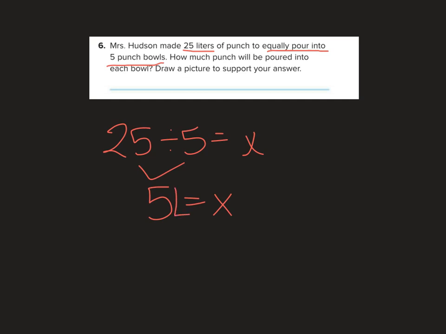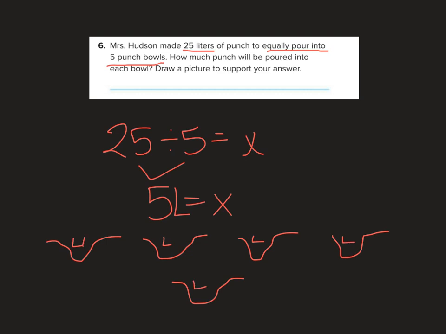Draw a picture to support your answer. Okay, let's draw. That's not a very good punch bowl, but pretend it is. 1, 2, 3, 4. I got to do one more down here. Okay, so liter, liter, liter, liter, liter.